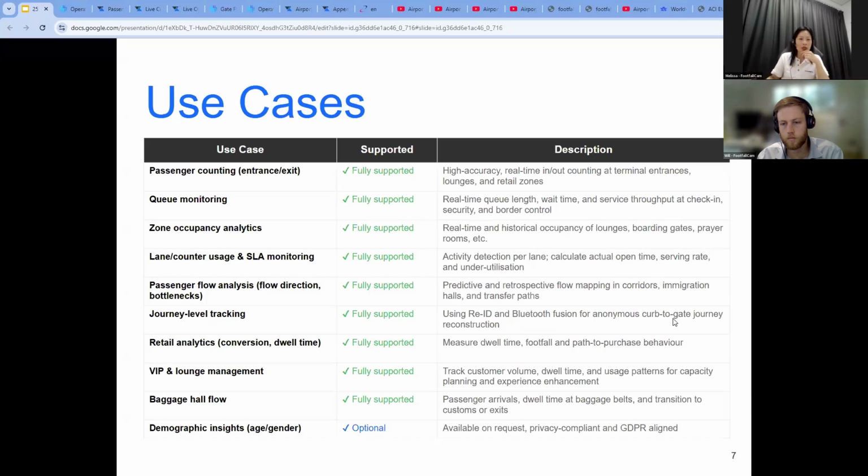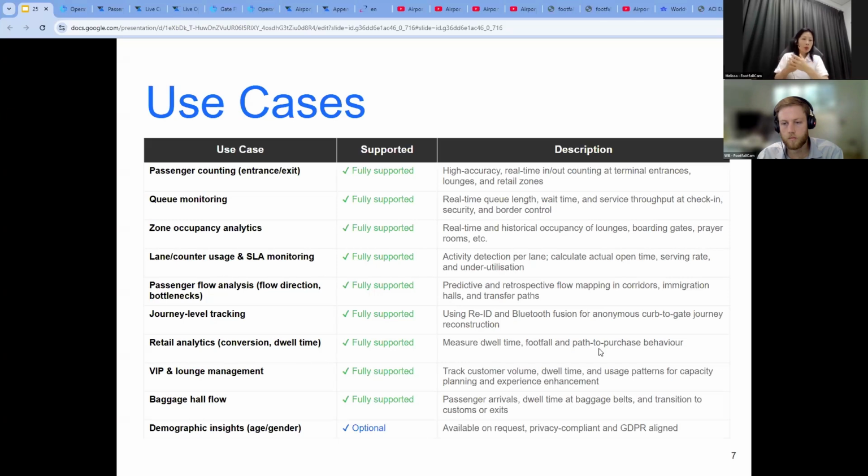So the journey level tracking is very important, and that goes to the retail and commercial analytics, because for the non-aeronautical revenue, here we support measuring the dwell time, footfall, sales conversion, the path to purchase behavior, all this tracking in the retail and F&B areas.